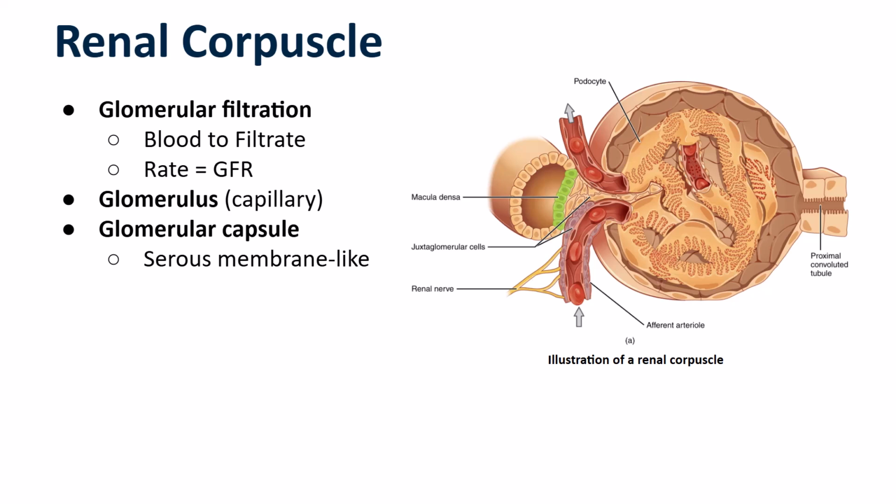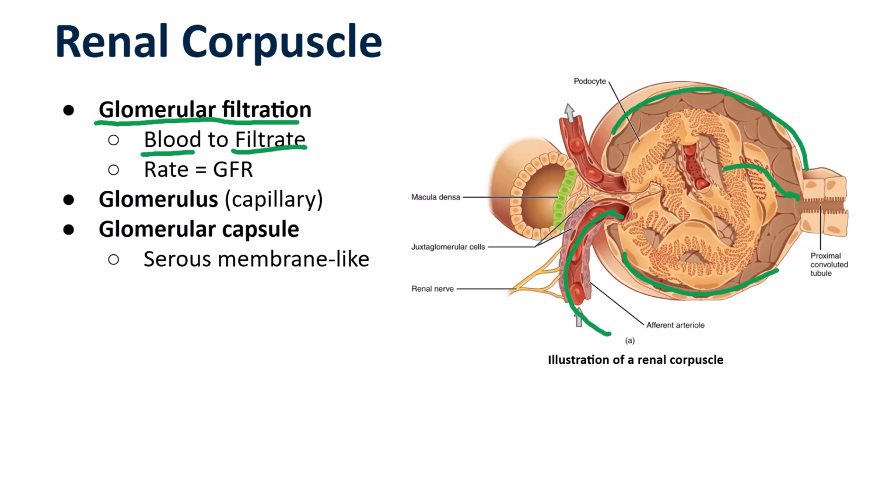The process that occurs at the renal corpuscle is glomerular filtration, and this is just the process of converting blood from within the glomerulus to filtrate, which is collected by the capsule. So we have an afferent arteriole which feeds blood in. This blood is filtered into filtrate, and that filtrate moves into the tubules.